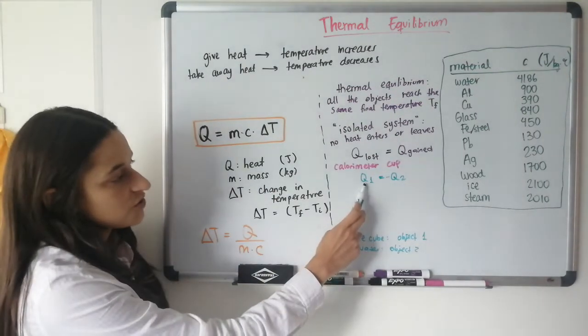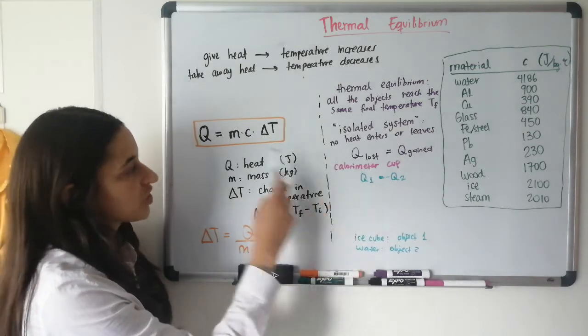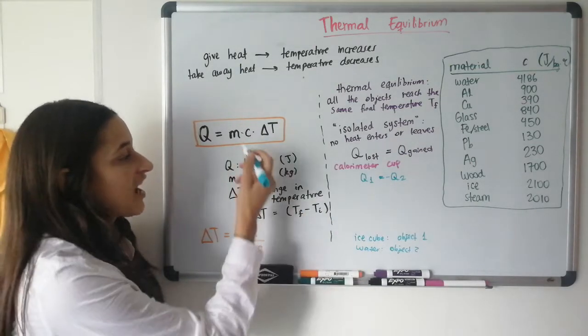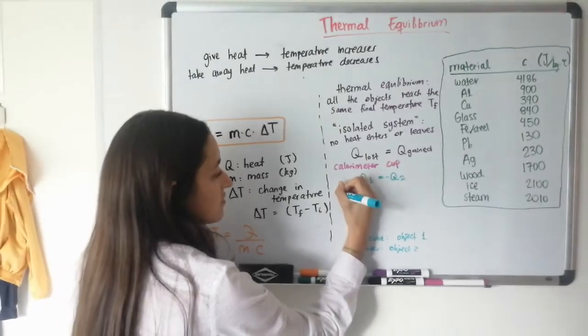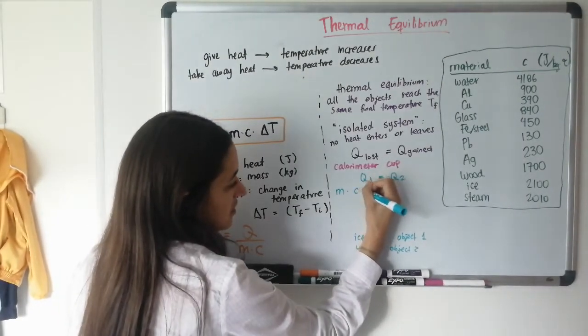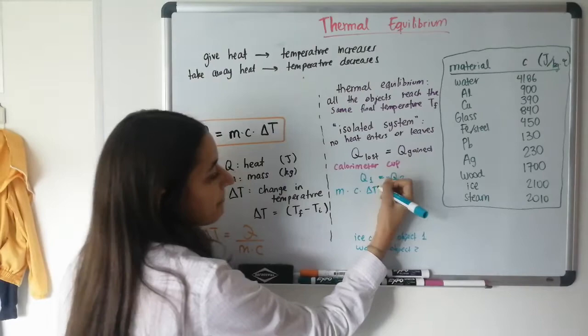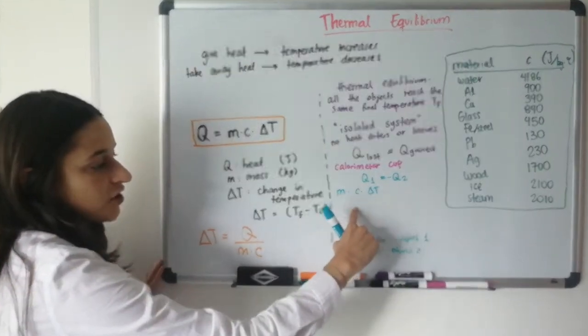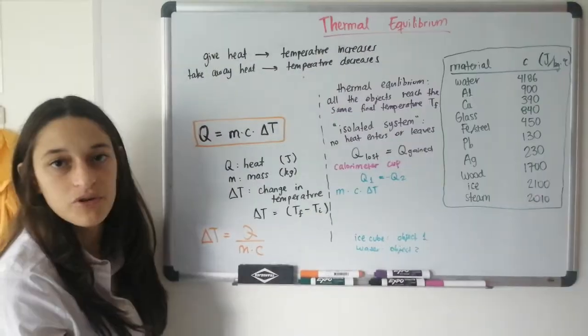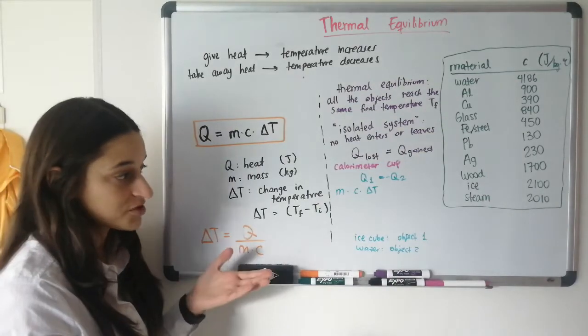Now instead of the Q, we can put the definition. So we have M, C, and delta T, but these are of object 1 only.